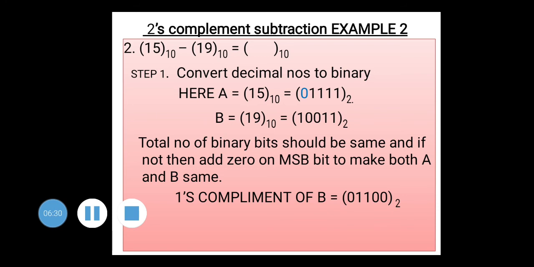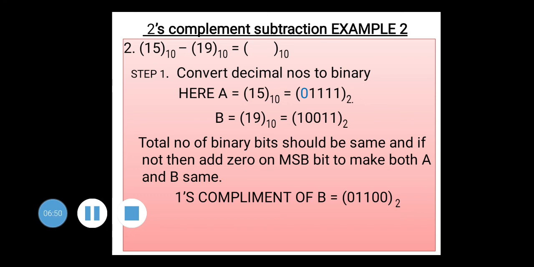Now consider this example: decimal number 15 minus decimal number 19. We are going to subtract 19 from 15. Step 1: convert the decimal numbers into binary. Here the binary of 15 is 1111, so only 4 bits.